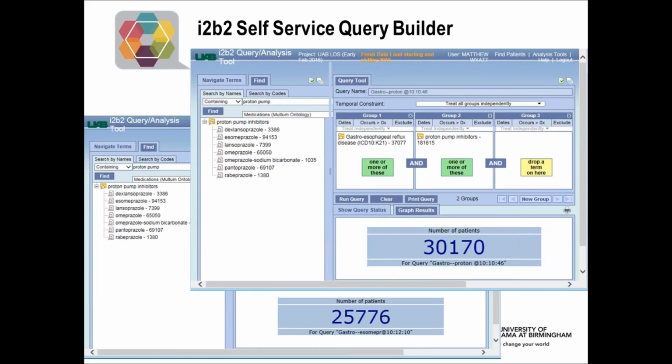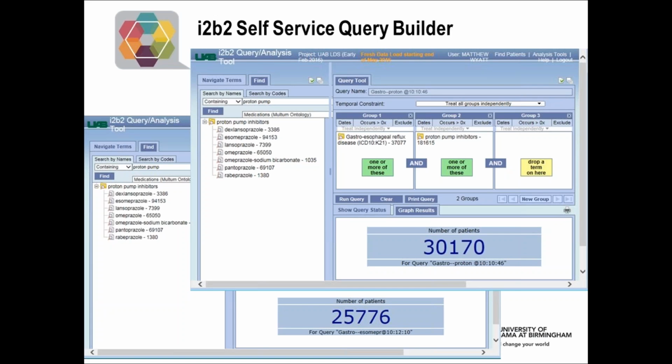You can build any variety of queries. I would challenge you to find a Boolean logic expressed query that can't be expressed in this user interface. It might be difficult because people ask some very complex questions, but you can add as many criteria as you want. You can say having these diagnoses but not these.